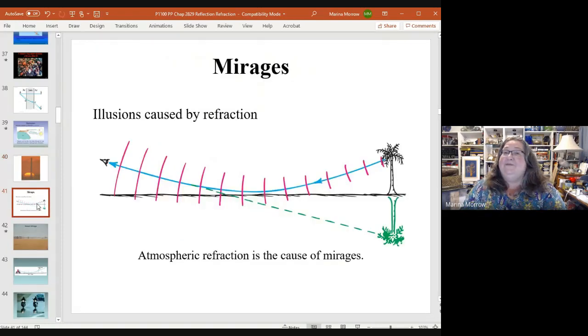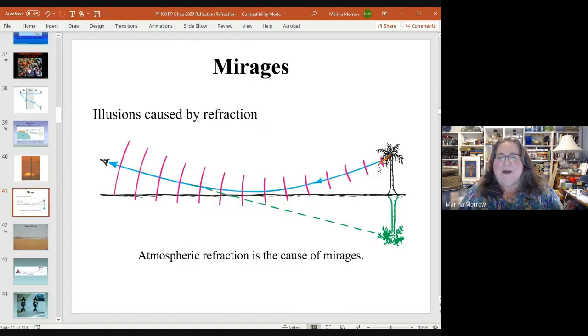Okay, which leads us to mirages. Now, mirages happen also because when it's very warm, you get air that is less dense because of the warmth, and other layers of air that are more dense. So this will cause light to bend. Let's say you're out there and you're looking for a place to get a drink of water.